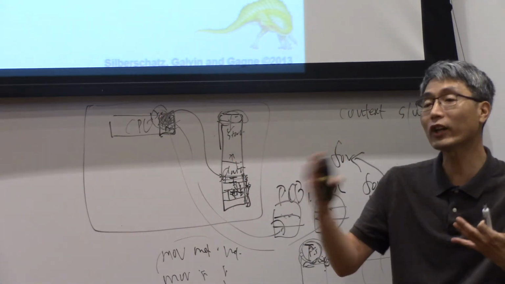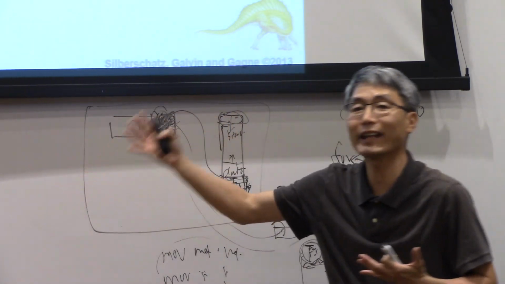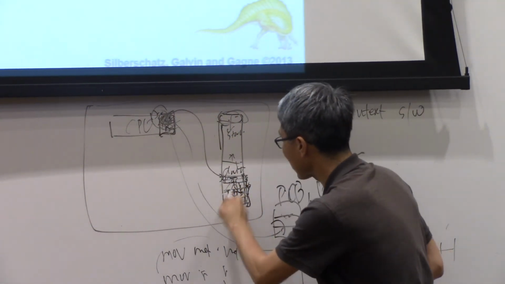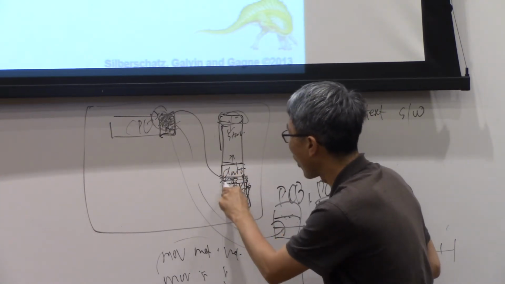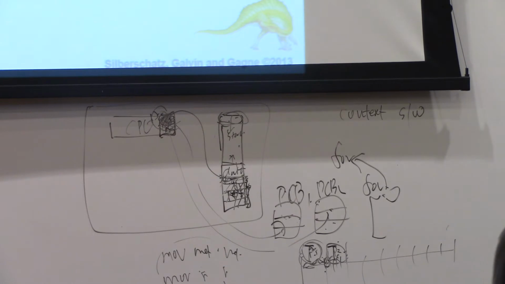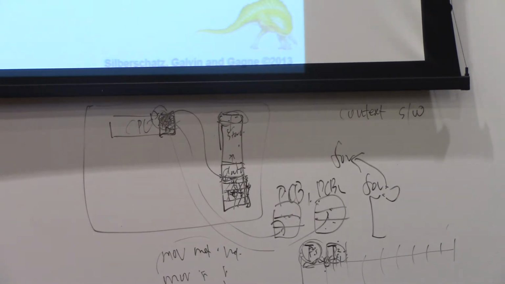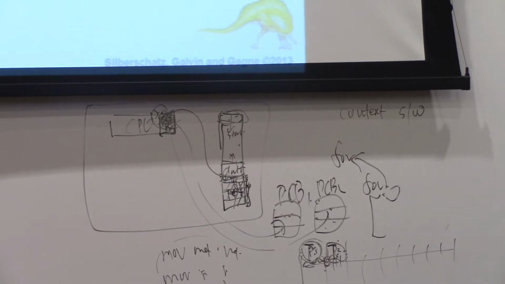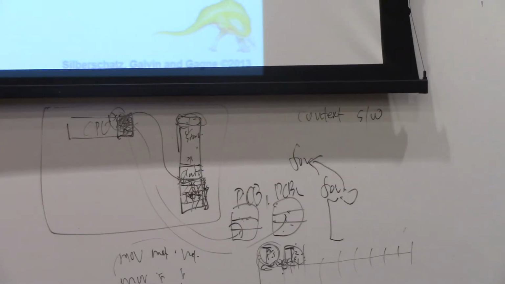On the other hand, the other information can be shared, like the instruction itself, the global data, and other information. So as much as possible, we share the data structure to save memory and other resources. That is the thread.